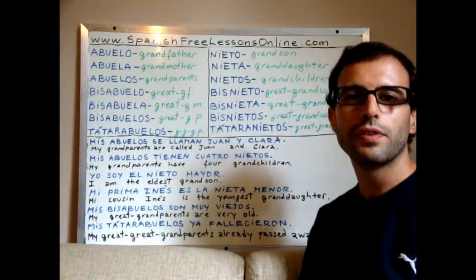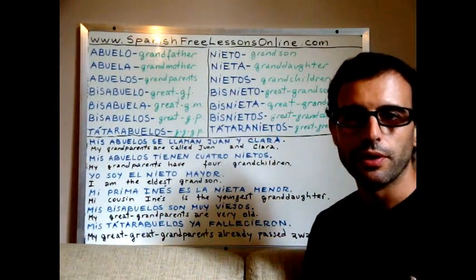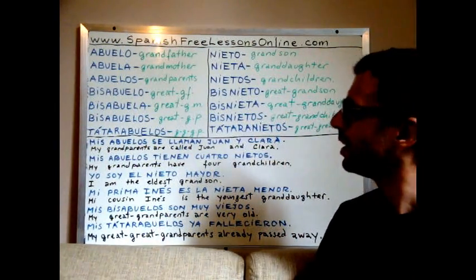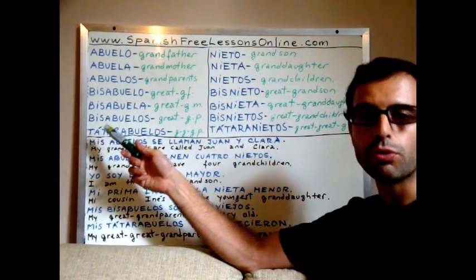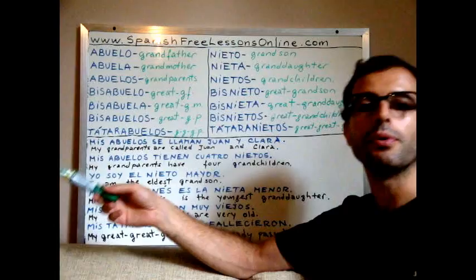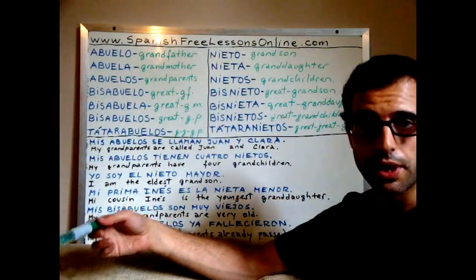In this lesson we will see some sentences applying the vocabulary we learned in the previous class, okay? We were talking about abuelo, abuela, abuelos, bisabuelos, bisnietos, right? All the grandparents, great-grandparents, great-great-grandparents, grandchildren, all those, okay?